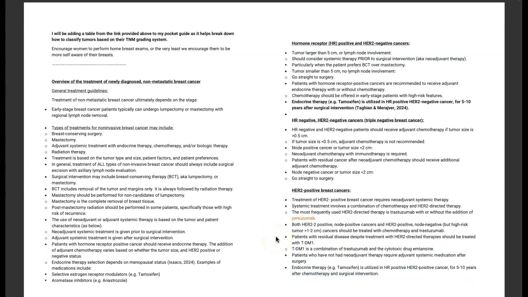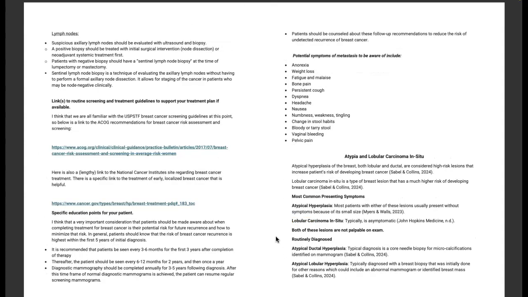And then more information on newly diagnosed non-metastatic breast cancer, as well as HR negative and HER2 negative cancers, as well as HER2 positive cancers, and then the triple negative cancers. And then I included some more risks and some more guidelines and treatments for breast cancer screening.